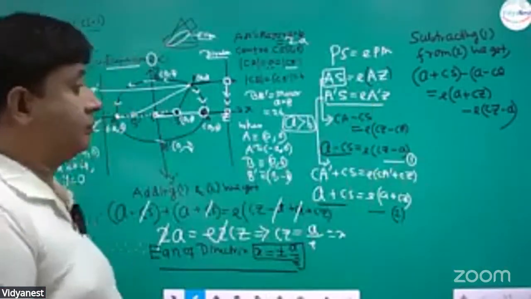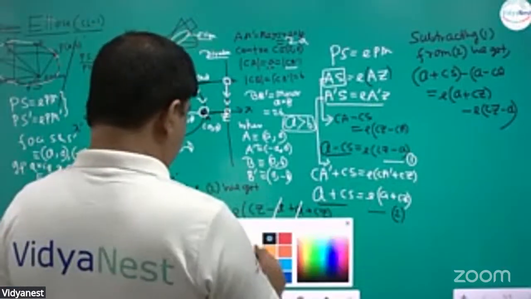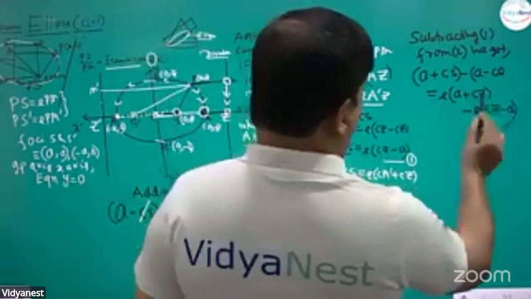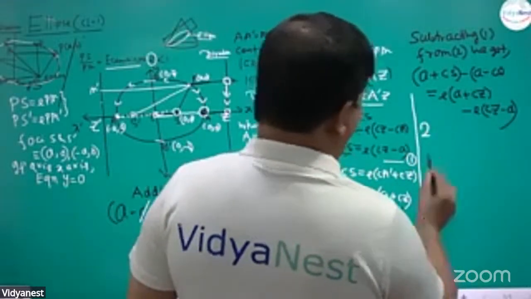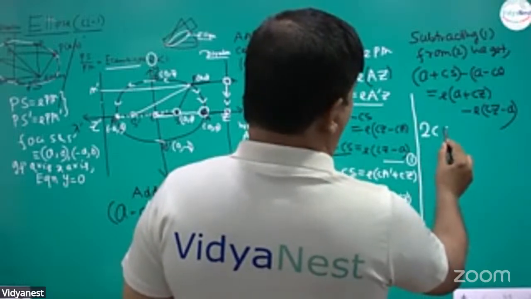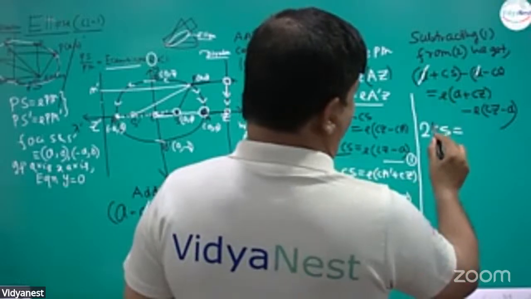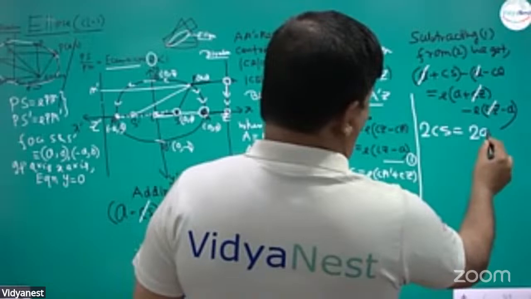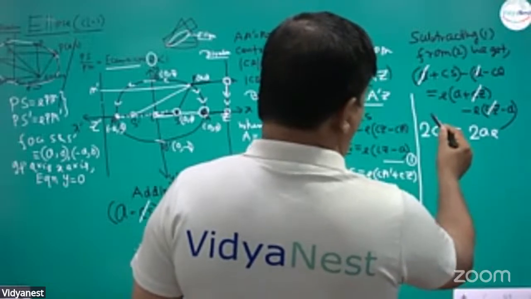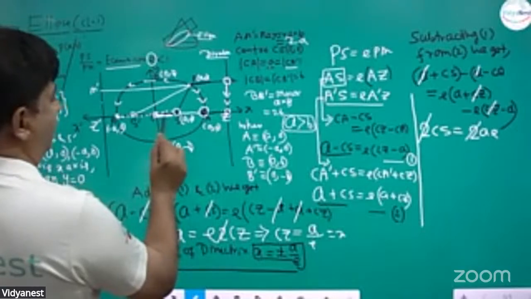Okay. So, remove the bracket. Draw a demarcation line. Twice CS is equal to, these a and a will get cancelled, CZ will get cancelled, twice ae. 2 will get cancelled. So CS, you have got ae.